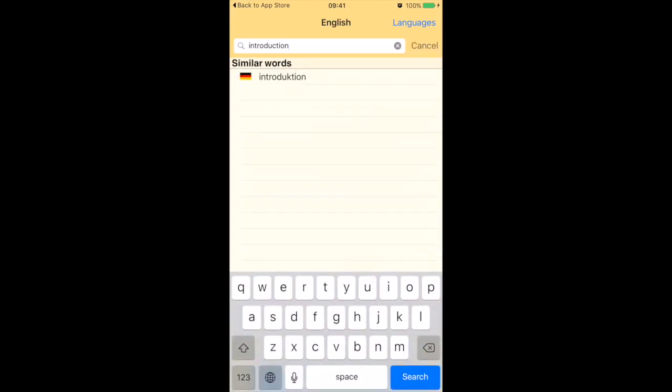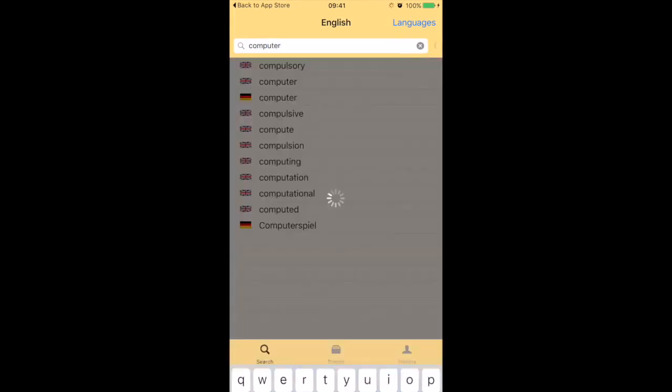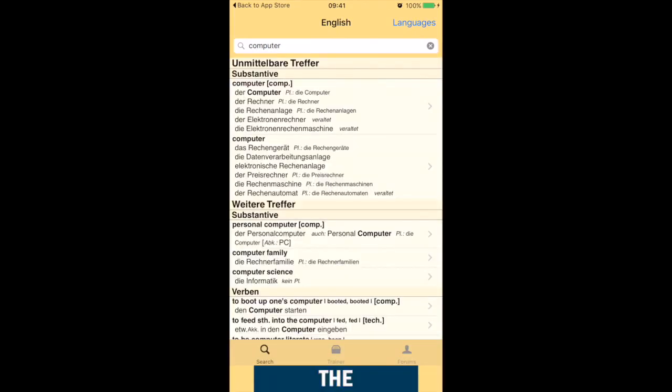Okay, so we'll go to the last one. That was a das D. So we'll go down, we'll have Computer, because that's a das word. The first four words are used for computer language: der Computer, der Rechner, die Rechnungsanlage, die elektronische Rechenmaschine.